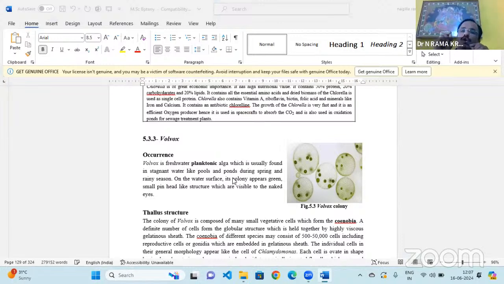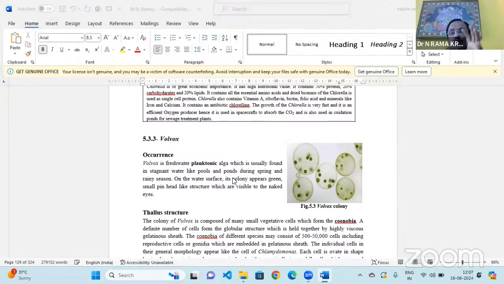Here we see unicellular algae and colonial types. The chlorophytic algae cell wall is a rigid structure, and above the cell wall there is a mucilaginous covering. This is also an important character.